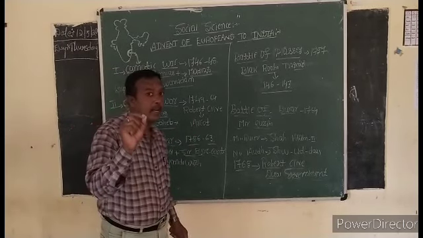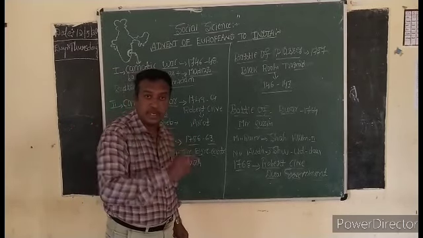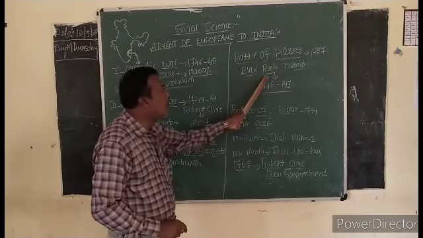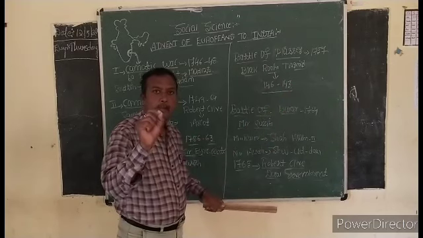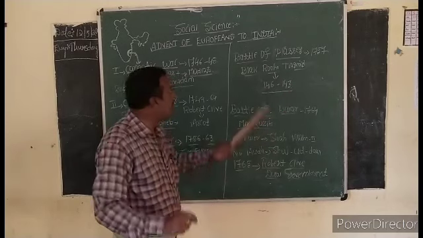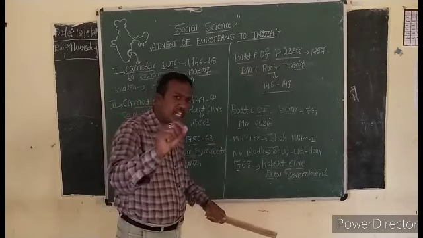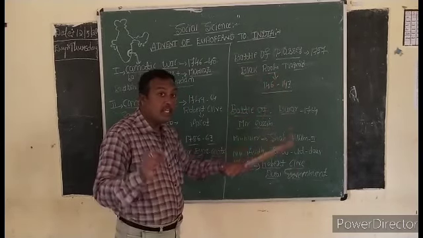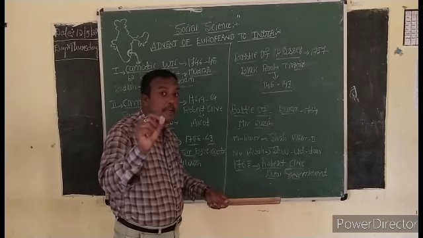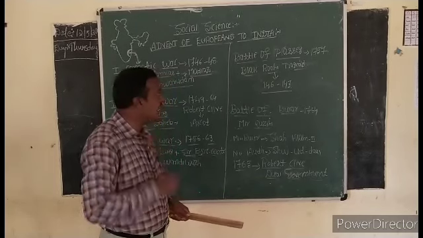And the third cause of the Battle of Plassey. Dear students, your concentration please here. The Black Hole tragedy is one of the major causes of the Battle of Plassey. What is the historical importance of the Black Hole tragedy? Listen carefully.